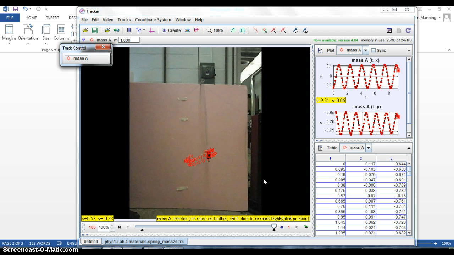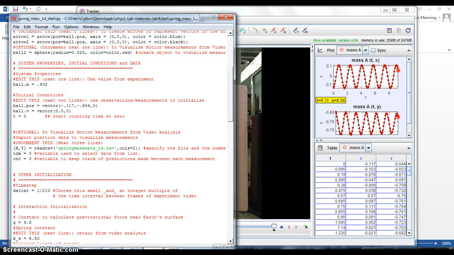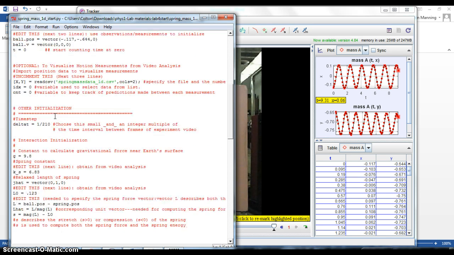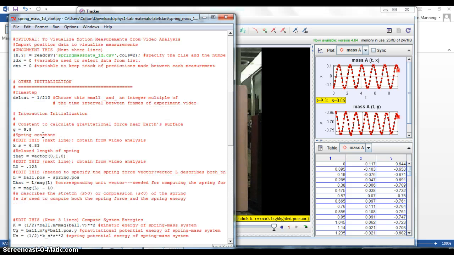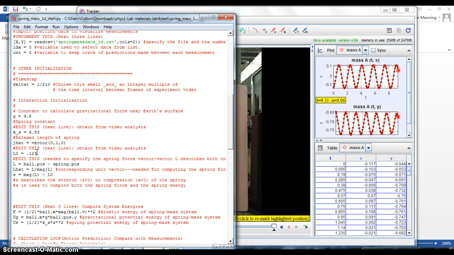Now, when we plug the initial values into our tracker data, we use the mass given to us by Dr. Greco's video, and we use the position vector found by the initial equations by looking at our tracker video. We insert more equations and more values, like the gravitational constant, the stiffness of the spring given to us through Dr. Greco's video, the length also given to us through the video, and the L hat and S values, which I found by explaining through my Word document that was previously on the screen.